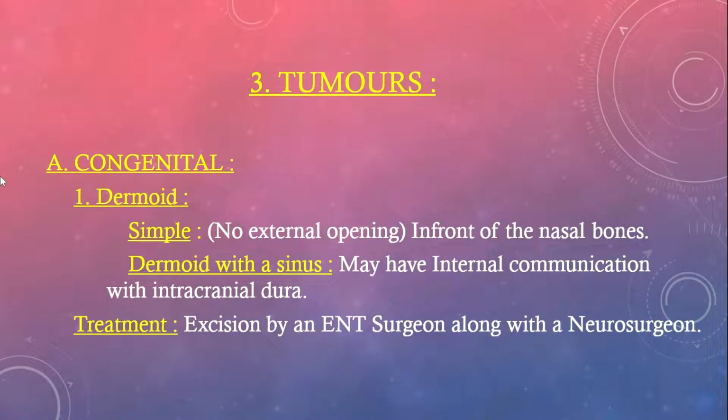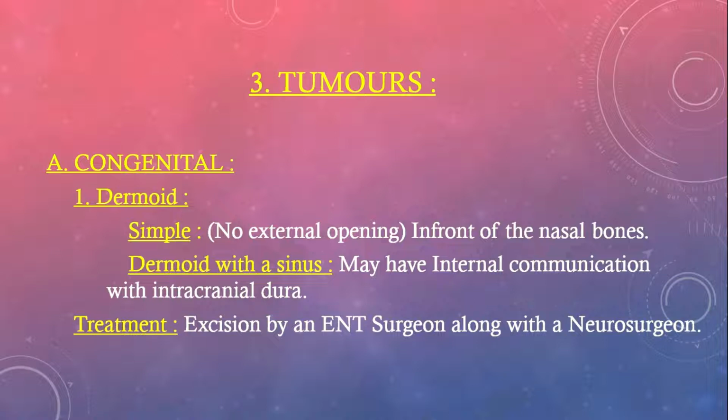Our next slide is about tumors involving the external nose, and among which one can talk about congenital problems, in which one deals with dermoid. First of all, dermoid is a congenital tumor. It's usually in the form of a cyst, but it can be firm or solid as well. But there is one type, a simple kind of dermoid, in which there is no external opening and the dermoid swelling is in front of the nasal bones without any internal communication.